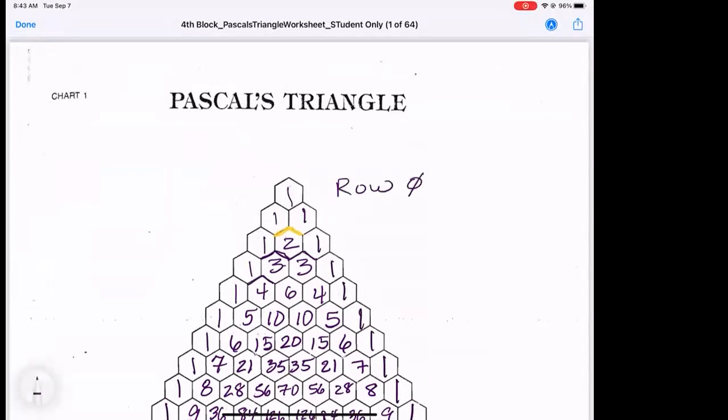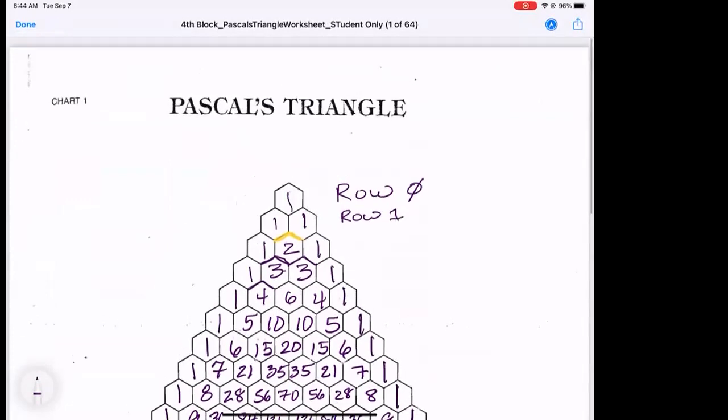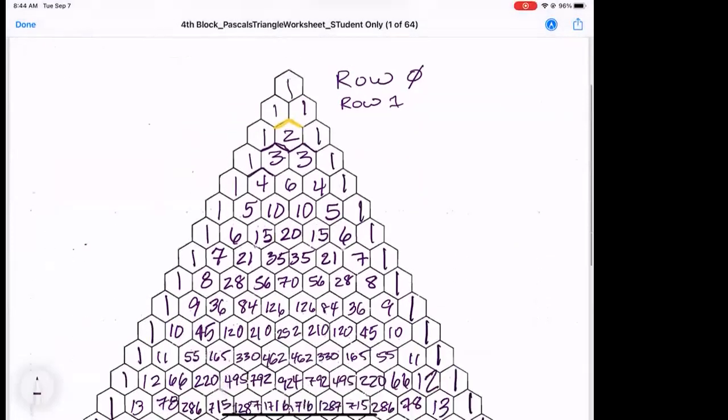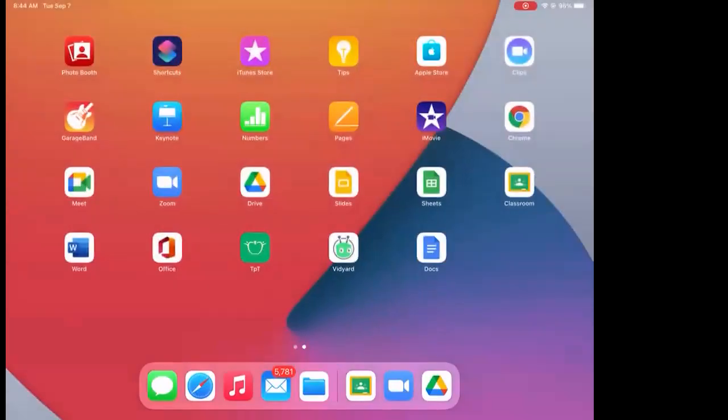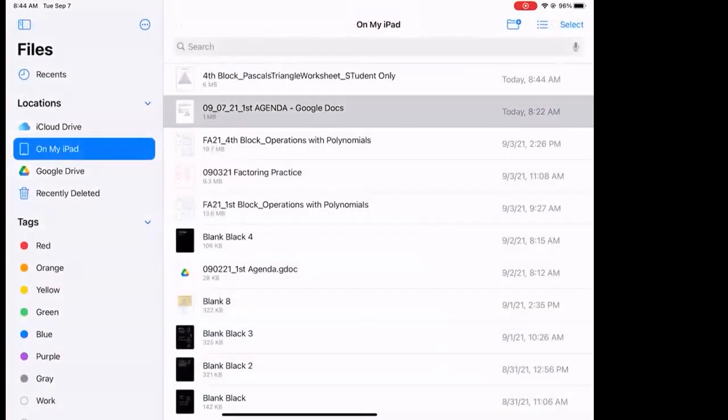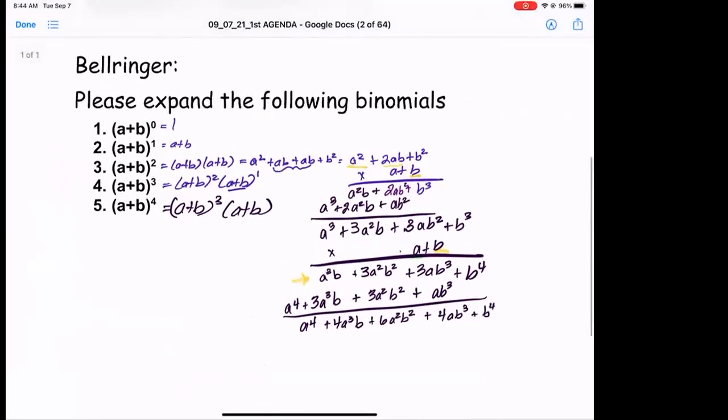Row 0. When you raise a binomial to the 0 power, it equals 1. Now let's look at our coefficients when we raise it to the first power.